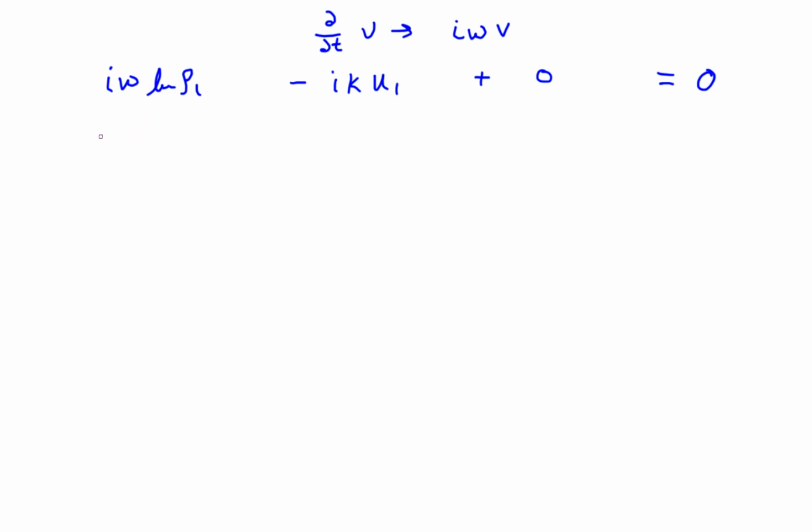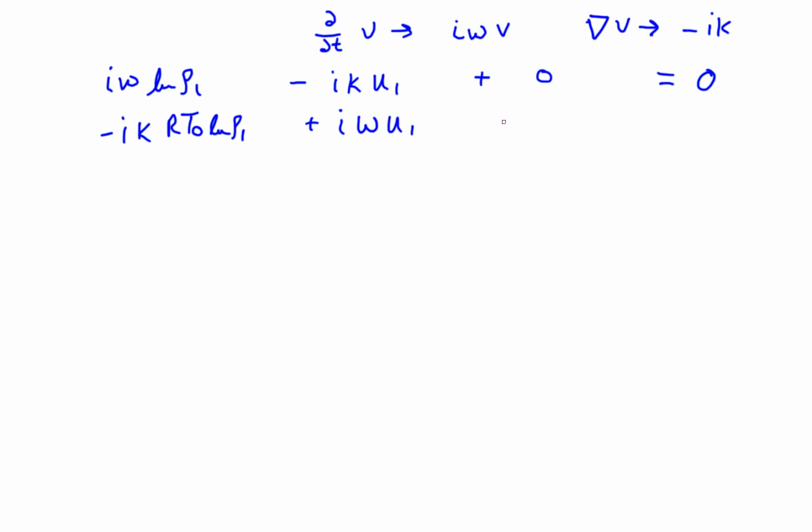Our momentum equation has a dependence of minus i k R T0 on log rho 1, and it has the dependence of i omega on u1, and then the temperature dependence in the momentum equation comes in as the gradient. So let's make this actually a minus, because gradients of variables go as minus i k in our above decomposition.